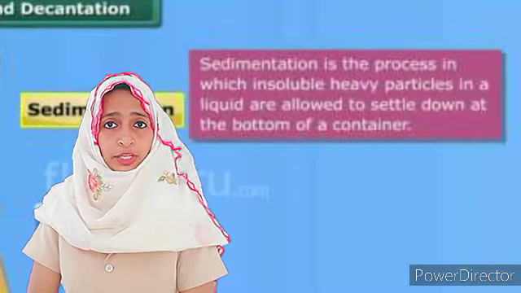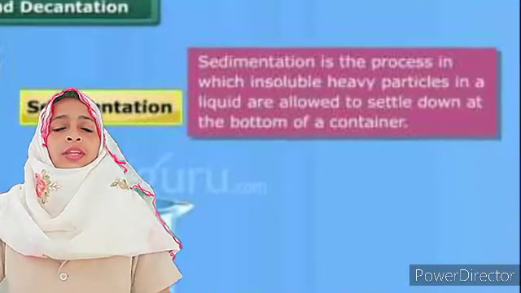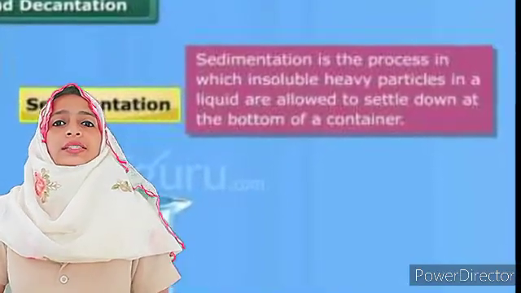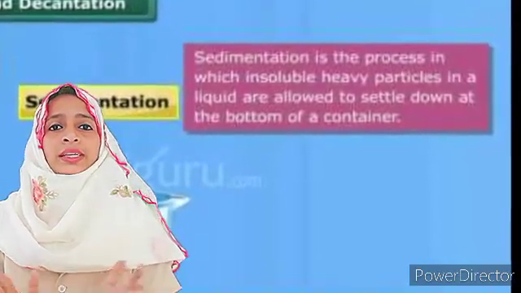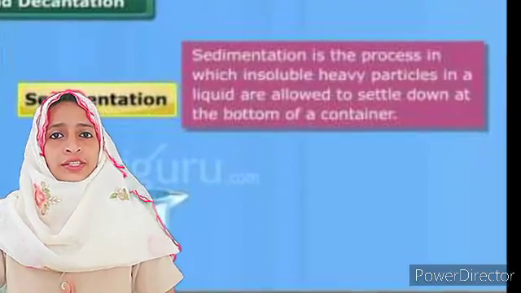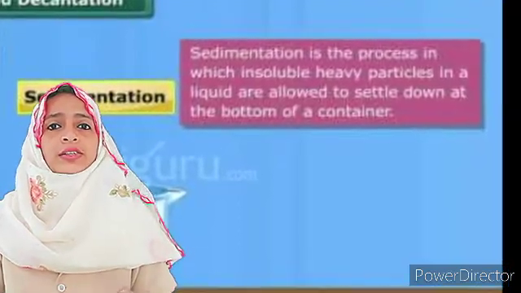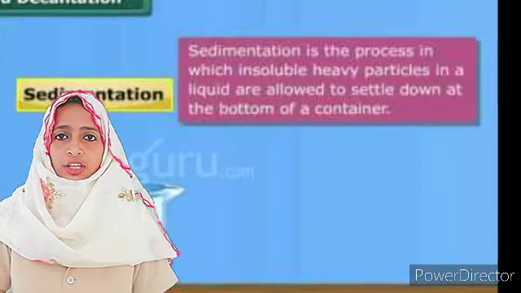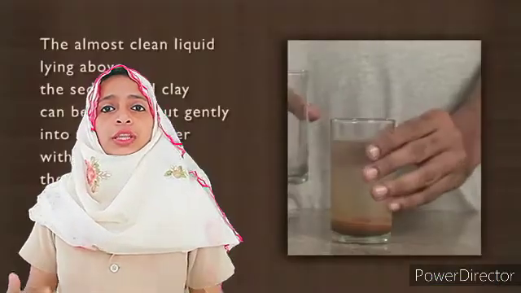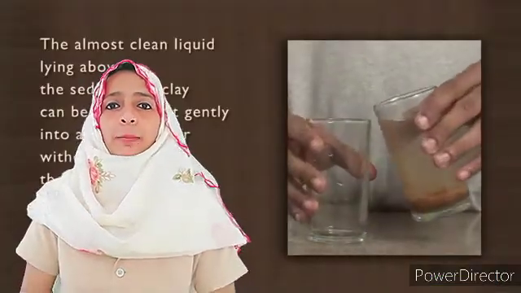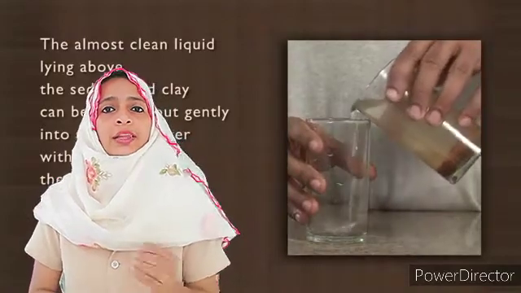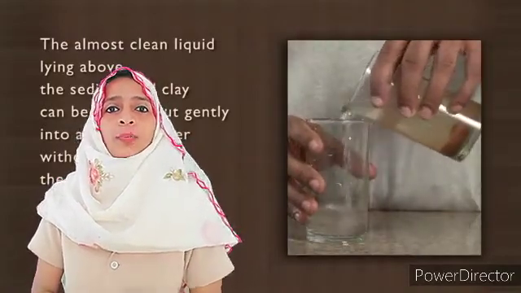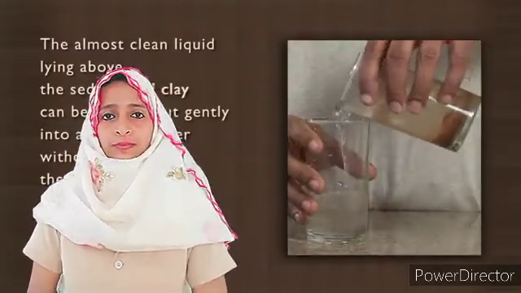So what is sedimentation? Sedimentation is the process in which insoluble heavy particles in a liquid are allowed to settle down at the bottom of a container. After sedimentation, there will be a liquid above the solid. That liquid is called supernatant liquid.